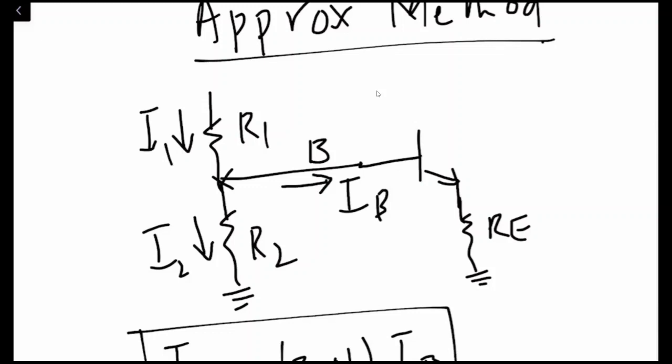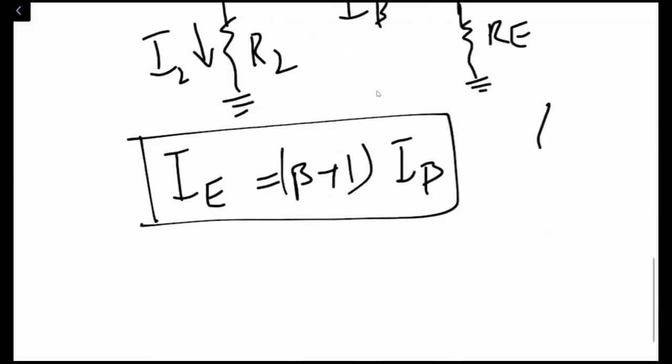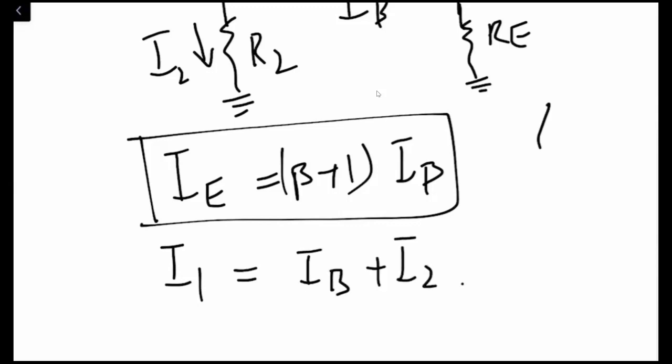So I1 is equal to IB plus I2 from this circuit. Are you with me? Yes.